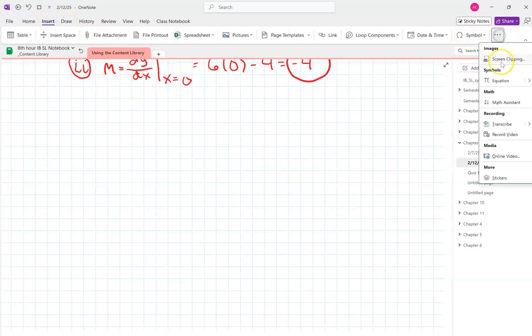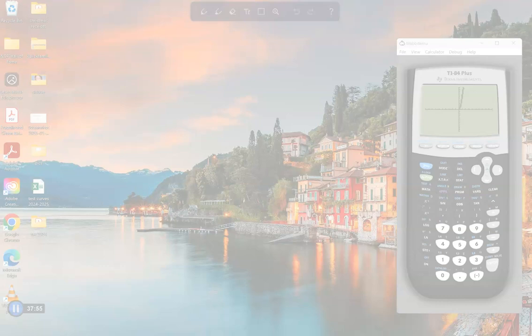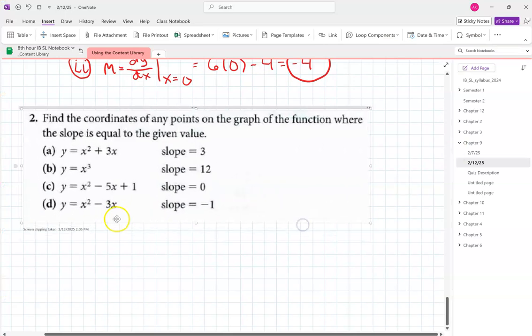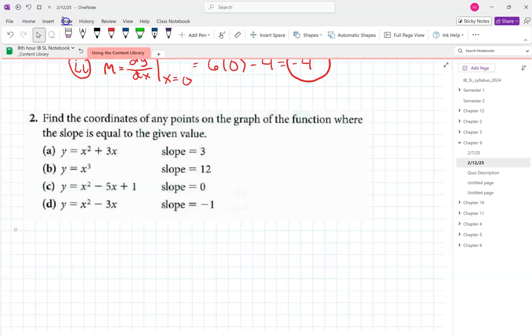Let's do a couple more examples from the homework. It says, find the coordinates of any points on the graph of the function where the slope is equal to the given value.